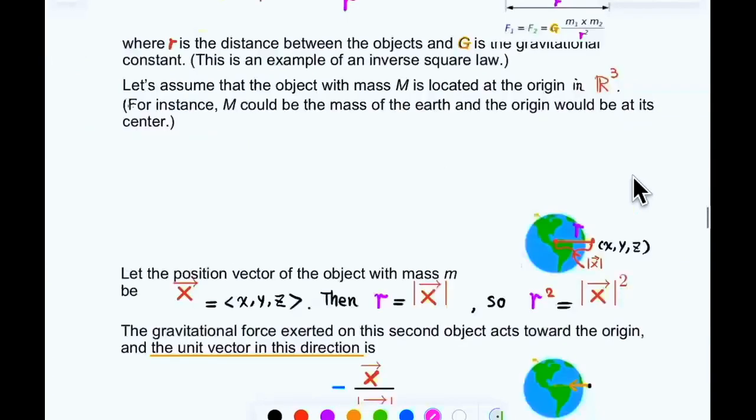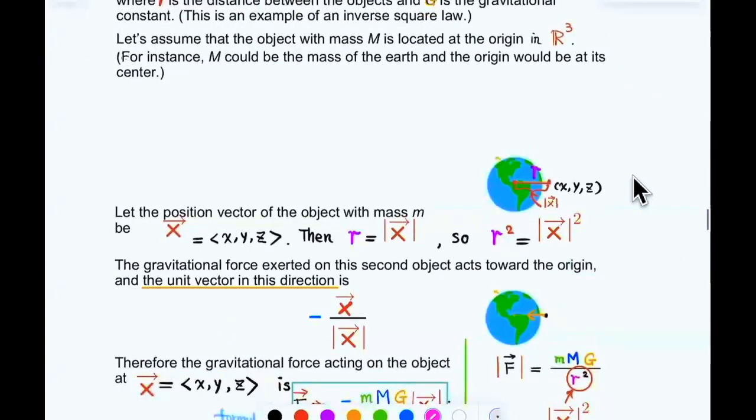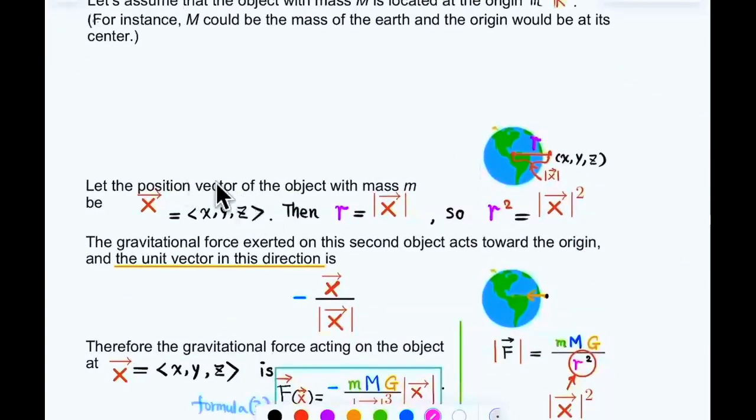Okay, great. Now let's do some physics today. We let the position vector of the object with mass m. Suppose this one here has mass big M, and think about that, this is in the center, at the origin. Let the position vector of the object with small mass m, and let this here be the position vector of a point. Think about this as the Earth.